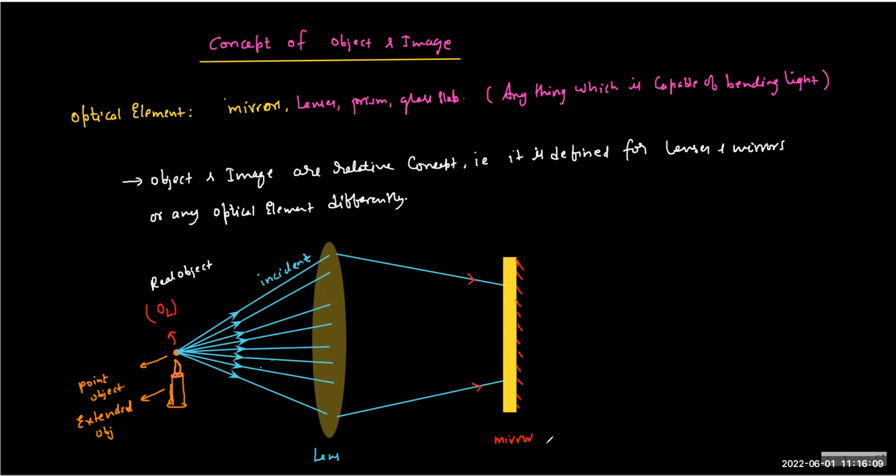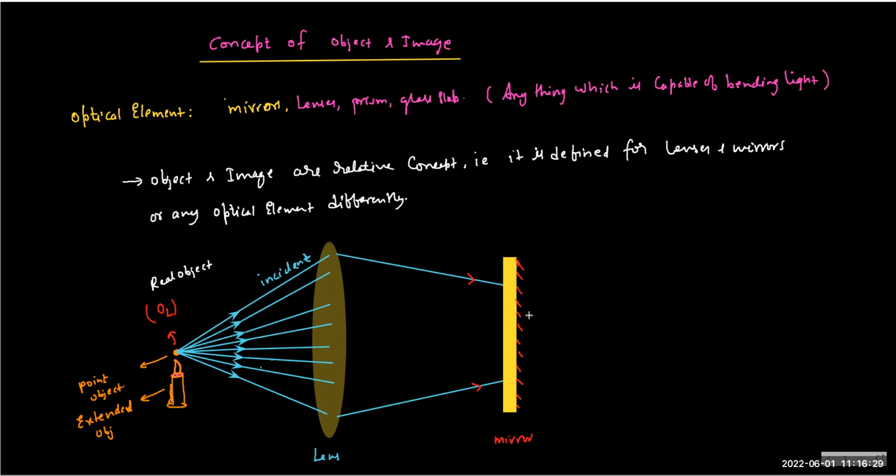Now try to trace back. If you try to trace back these two light rays, they will never meet. In fact, they will diverge, isn't it? What does it mean? You cannot trace back actually.